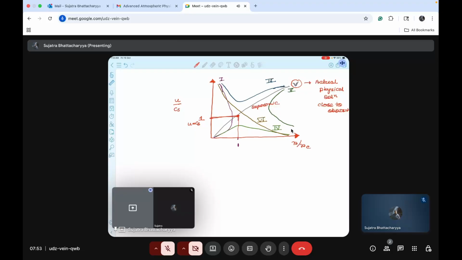So in case of one, it's not a single valued function. It's double valued, meaning at some r there are two values. So this is not physically acceptable.